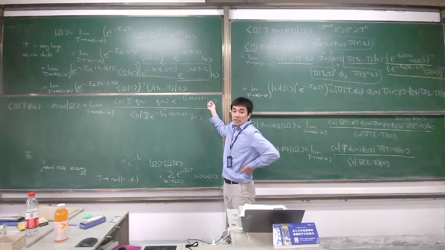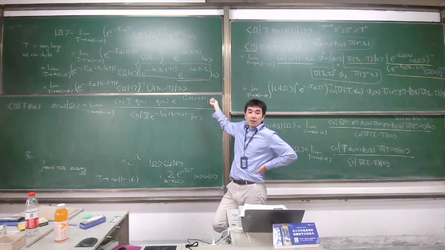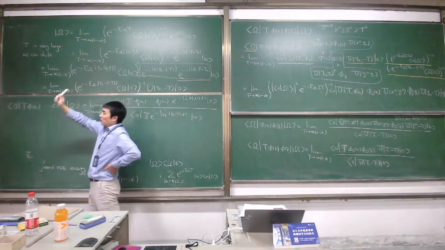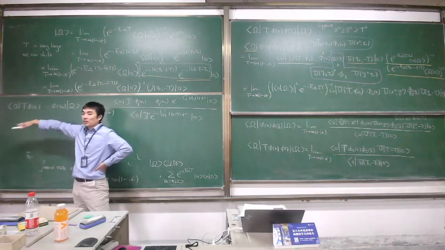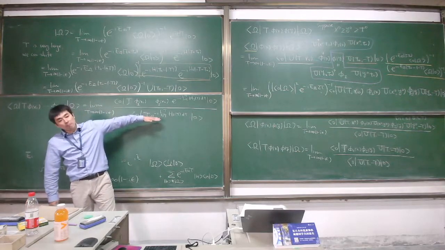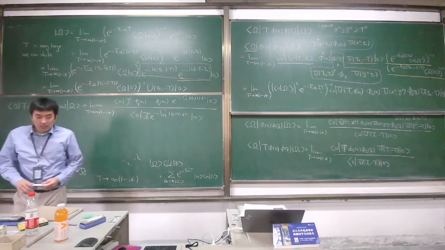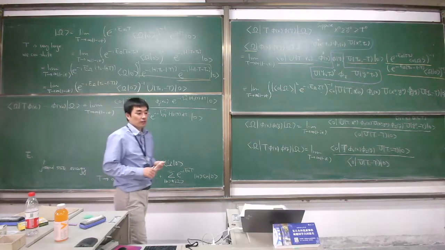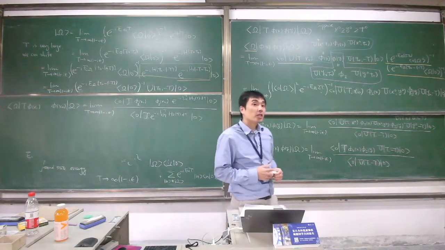And then this 0 is the vacuum of the free theory. So therefore, this is the relation: the correlation function in the interacting theory can be written in terms of interaction picture operators and the free vacuum. Any question at this moment?